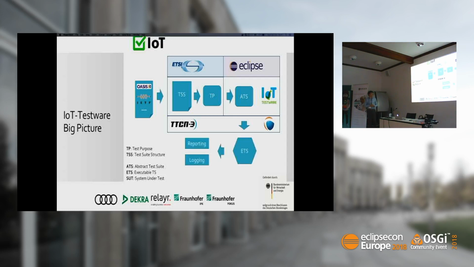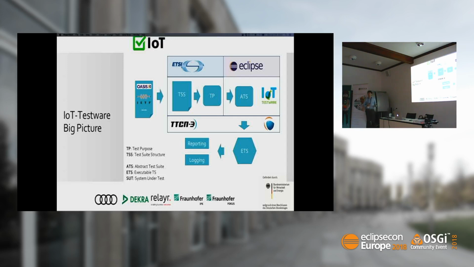The abstract test suite, so the test cases in TTCN-3, is provided on the Eclipse platform. And with another Eclipse project, Eclipse Titan, a tool to write your test cases in TTCN-3, compile them and run them, we have the executable test suite with reporting and logging for sure. You can use it out of the box to run tests against your devices.